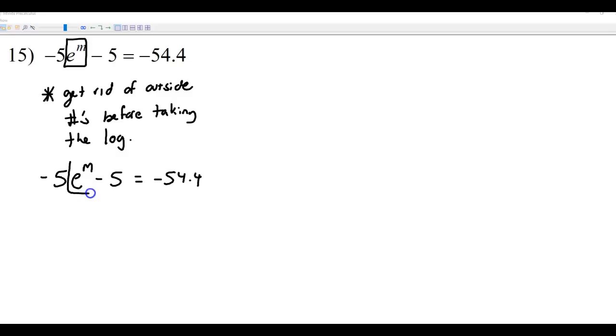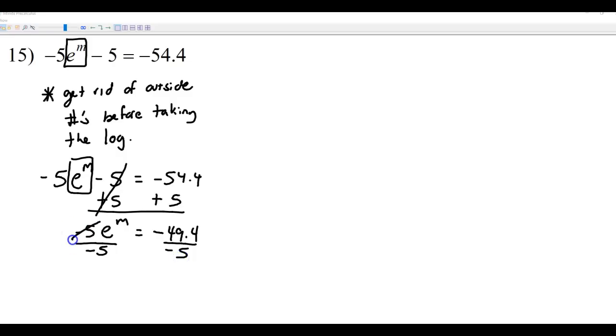I want to get this piece by itself, so I want to get rid of the two negative 5s. The first thing I'm going to do is add 5 on both sides. So what is negative 54.4 plus 5? That's going to be negative 49.4. Next, I'm going to divide both sides by negative 5. And let's see what I get.